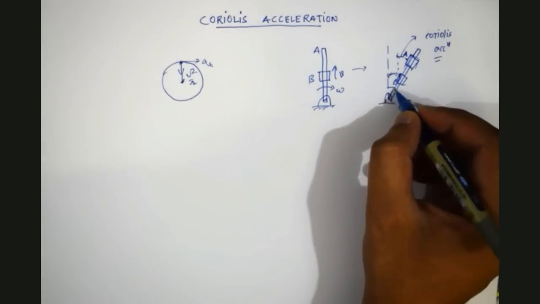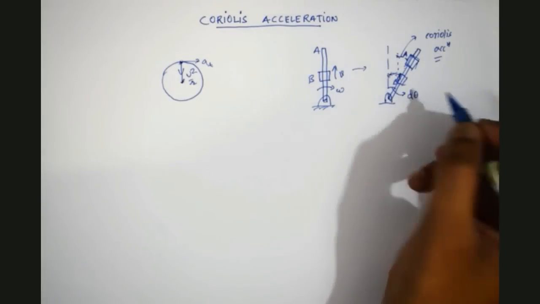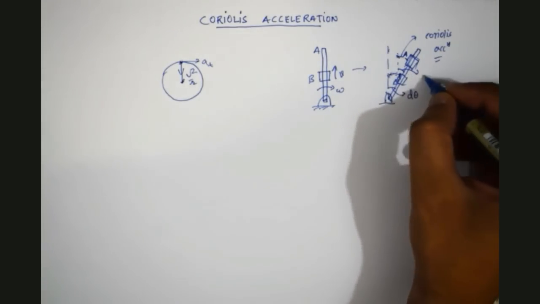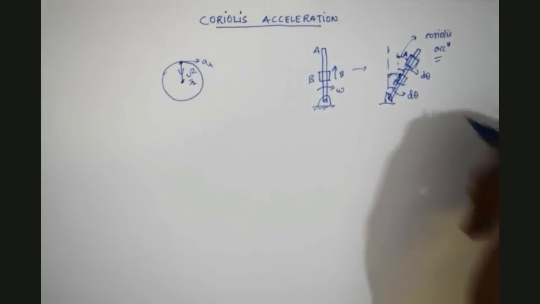So suppose this angle is d theta and this line is parallel to this, so this is also d theta, corresponding angle.